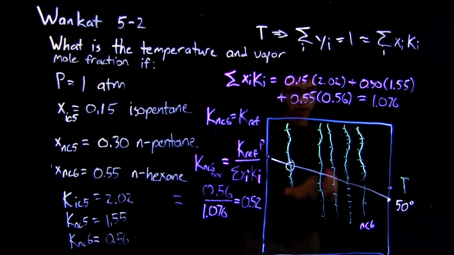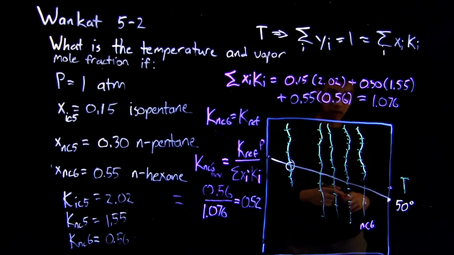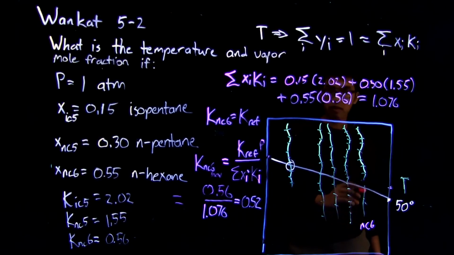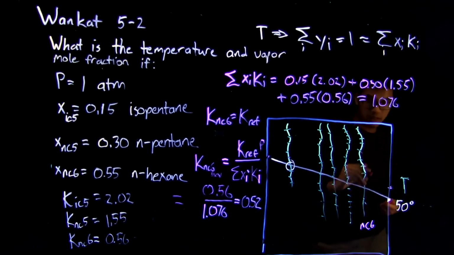We go back to our Priester chart, and we find where the corresponding K value falls on the corresponding component. Let's say this last squiggly line is for n-hexane, and so we find where K is equal to 0.52, and let's say it's right here.